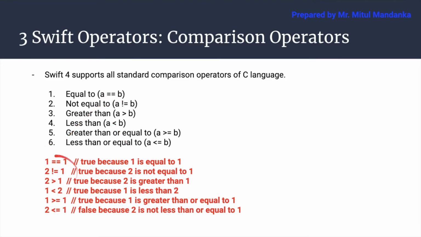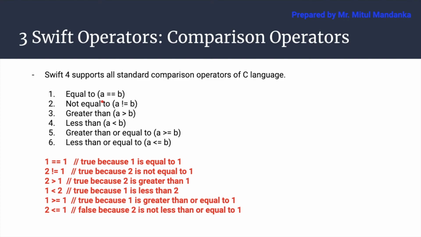So here 1 is equal to 1 returns true. After the pseudocode and instruction are compiled in the debugging area, if we return some value from this pseudocode, it will return a true value to our console area.